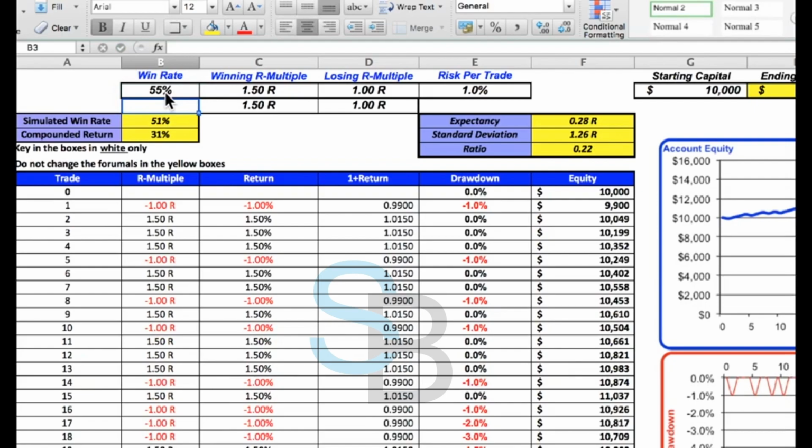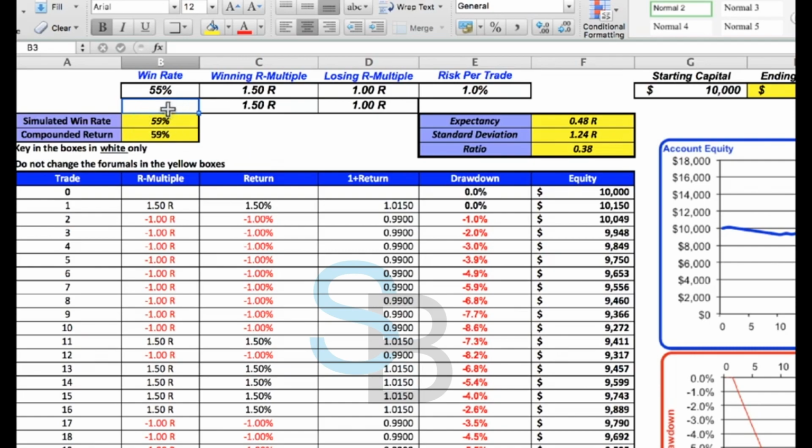Like I said before, you toss a coin 100 times, you don't always get 50-50. Although the theoretical win rate is 50%, you don't always get 50%. You may get more or less, and that's the randomness of life. That's the luck factor, okay? But if you keep doing it, you'll always get somewhere about there, okay?